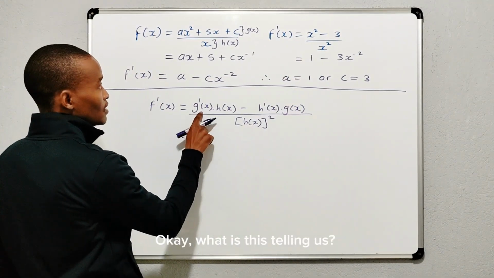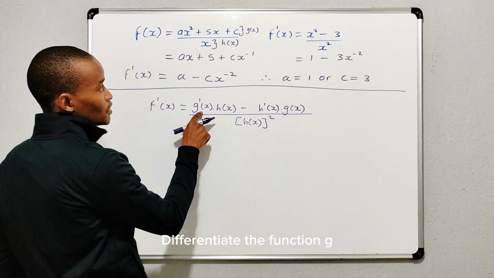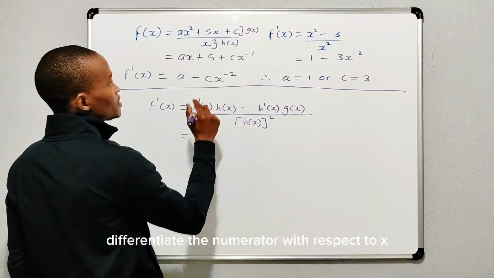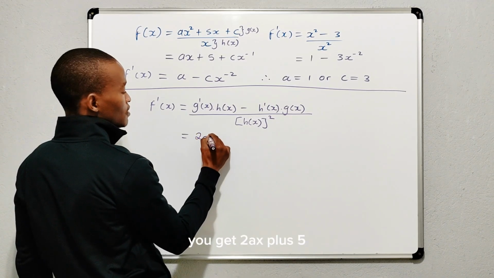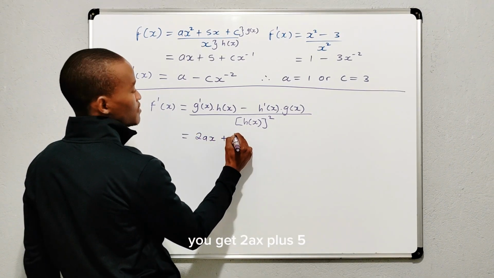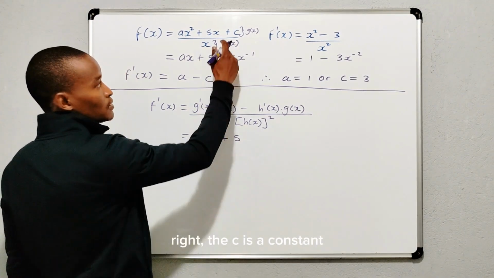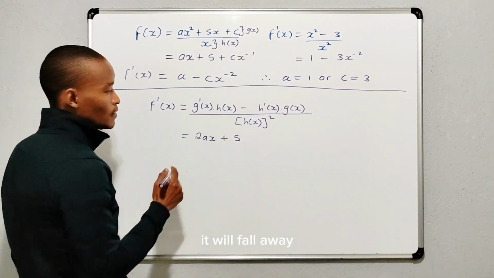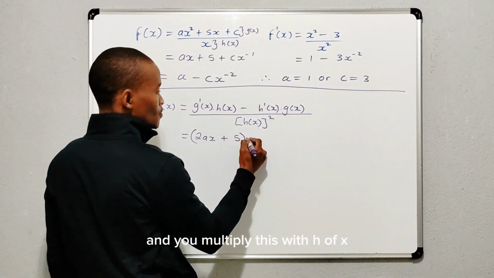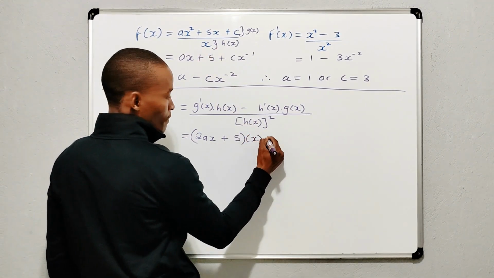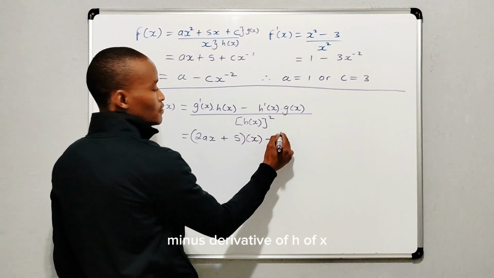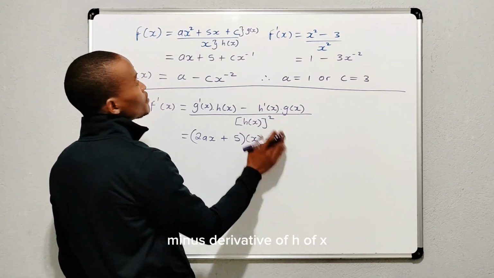Okay, what is this telling us? Differentiate the function g. If you differentiate your numerator with respect to x, you get 2ax plus 5. Right, and the c is a constant, it will fall away. You multiply this with h of x. What is h of x? It is x, minus the derivative of h of x.